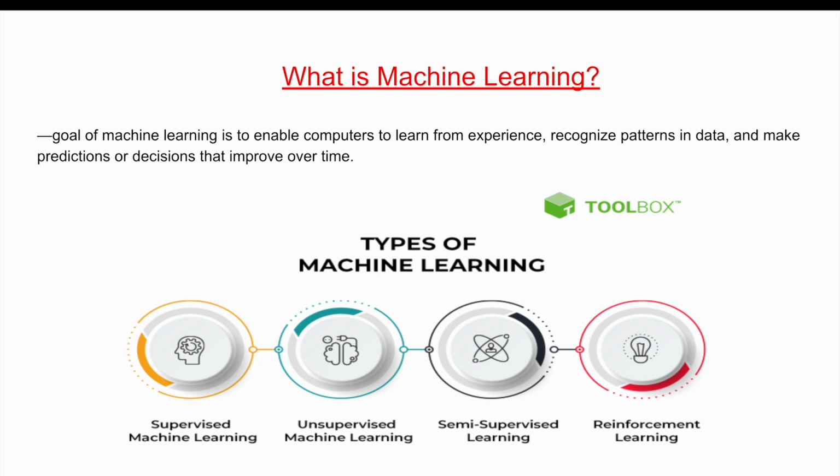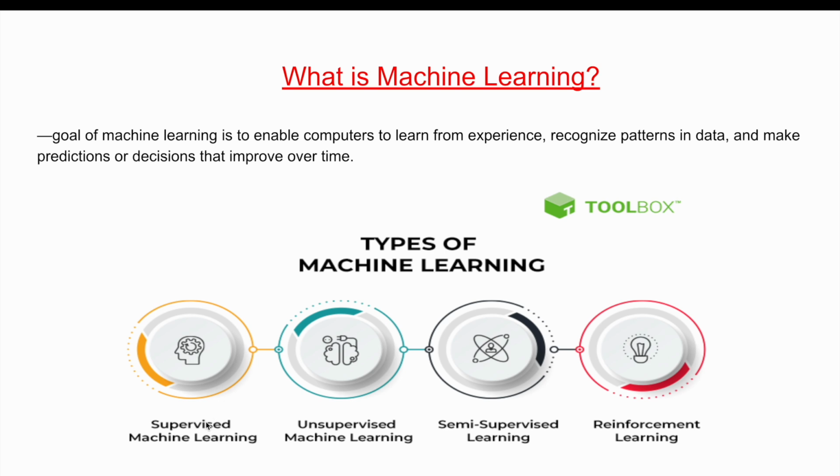The primary goal of machine learning is to enable computers to learn from experience, trial and error, to recognize patterns in data, and also to make predictions and decisions that improve over time.